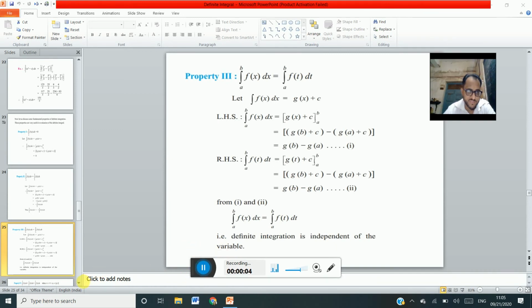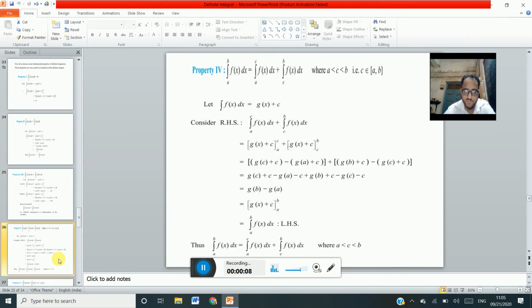So see now the next property, property number 4, that is the integral from a to b of f(x) dx equals the integral from a to c of f(x) dx plus the integral from c to b of f(x) dx. What's the meaning of this? Here the condition is that c is in between a and b.